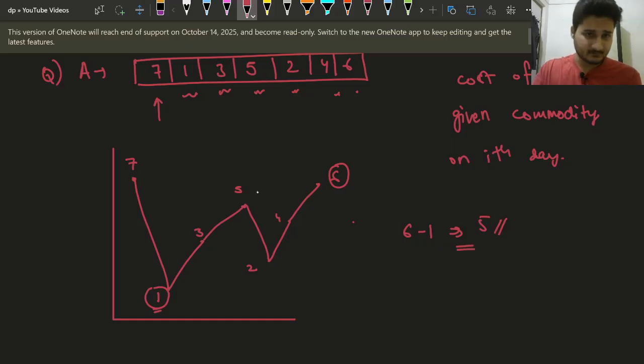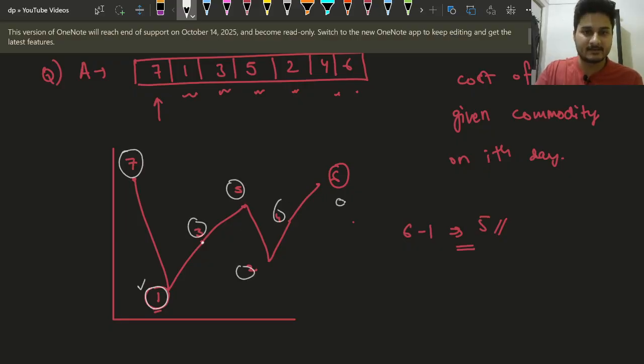So in DP, what we could have done is explore all the solutions. We buy at 7 and check if we sell at 1, what is going to be our solution, then 3, then 5, then 2, then 4, and then 6.